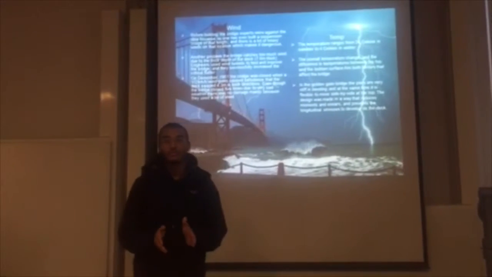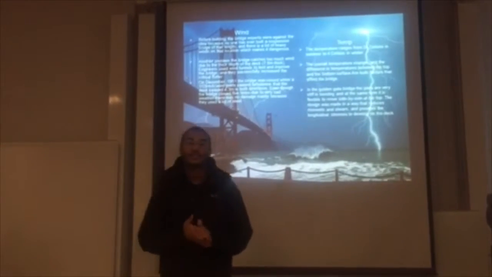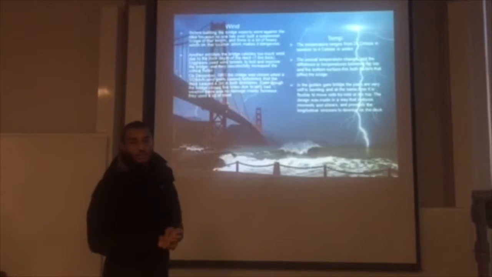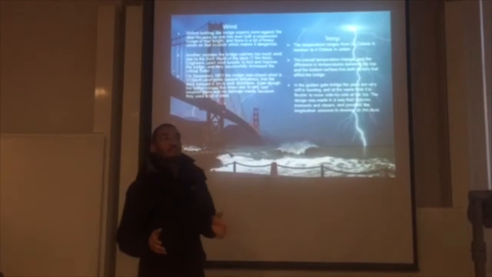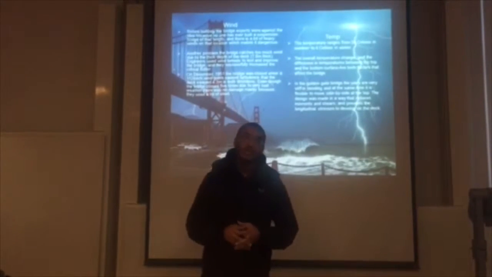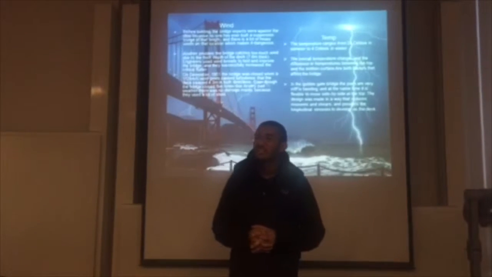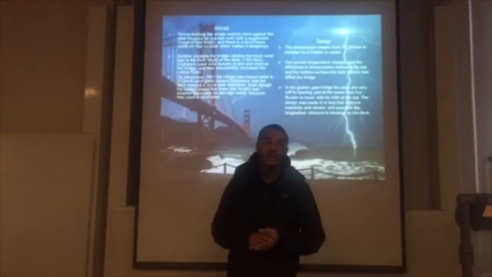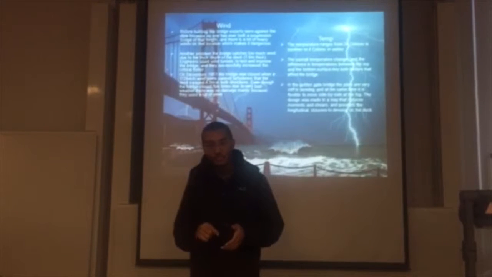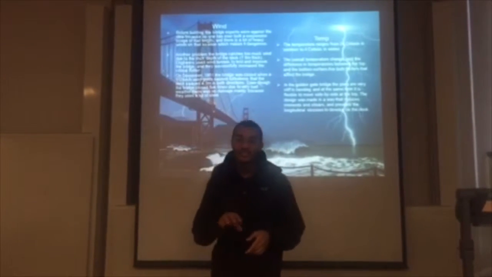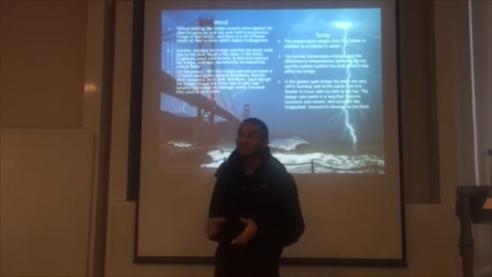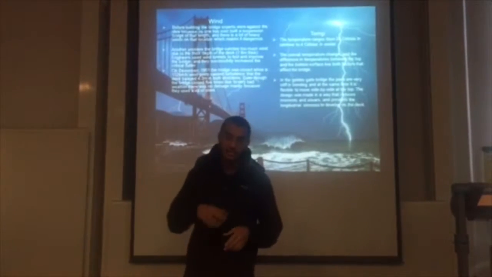Whenever you're talking about a bridge, you can't ignore wind and temperature. When you're talking about the wind, before building the bridge, all experts said that it was impossible, really hard, to build a suspension bridge at this length in this location, because it was the first at that time at that location.